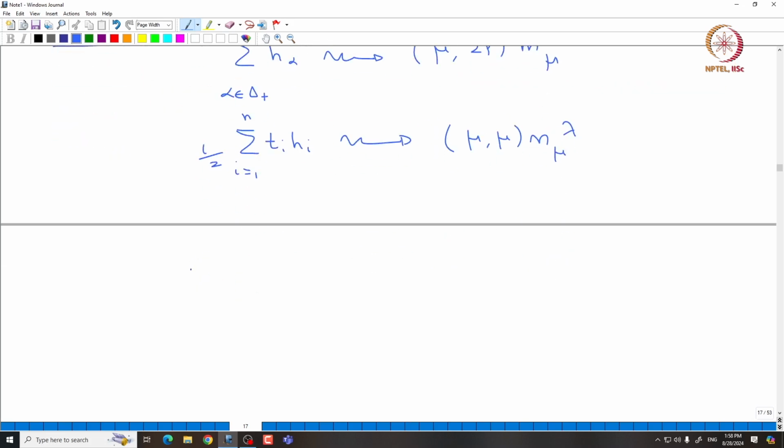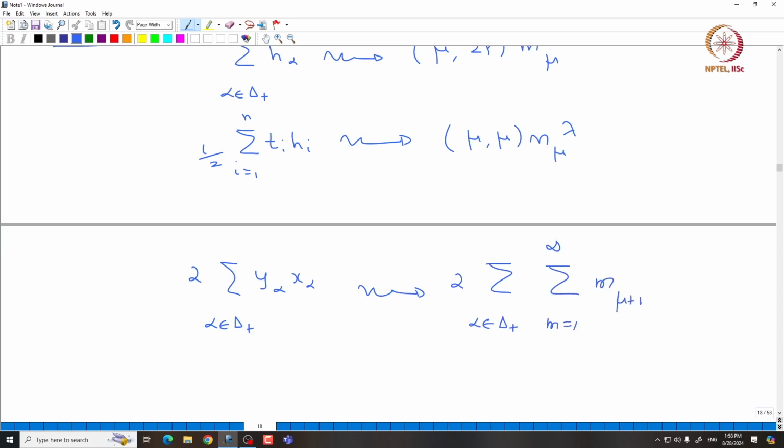Now, by computing the twice summation of y_alpha x_alpha, alpha in delta plus, this gives us exactly twice the summation over alpha in delta plus, summation m ranging from 1 to infinity, of the multiplicity of mu plus m alpha in lambda, times mu plus m alpha comma alpha.